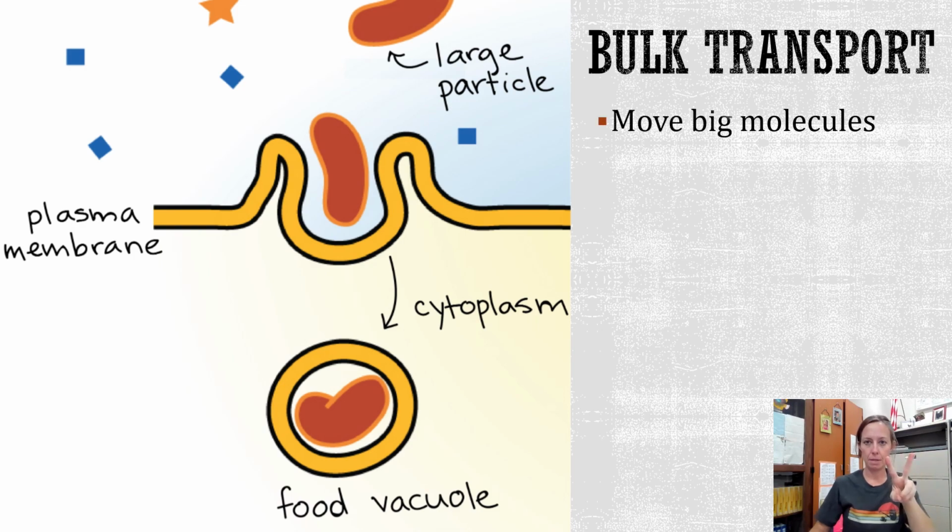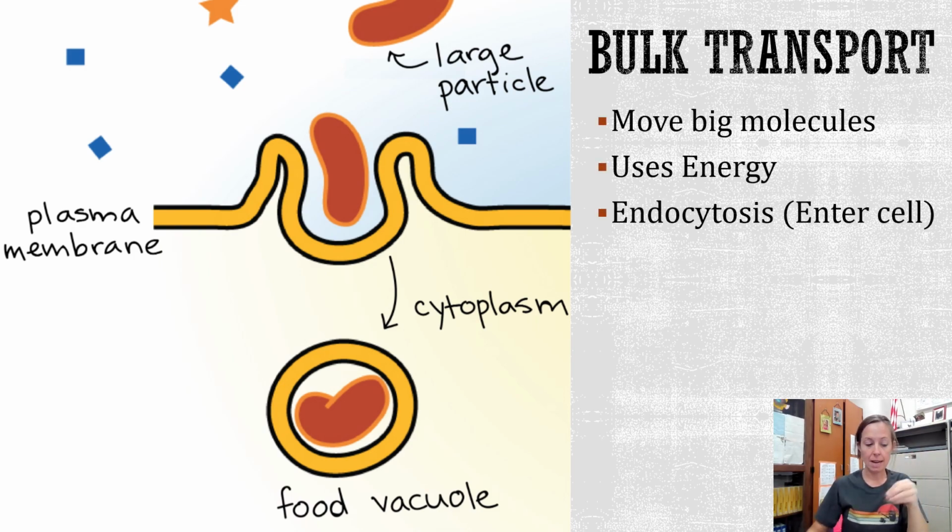There's two different types, okay? So there's endocytosis, right? Endo, I want you to think into, like enter. So with endocytosis, a little particle comes along, usually like a bacteria, and it's almost like a Pac-Man, right? It eats it. So your cell, let's make a cell right here, okay?